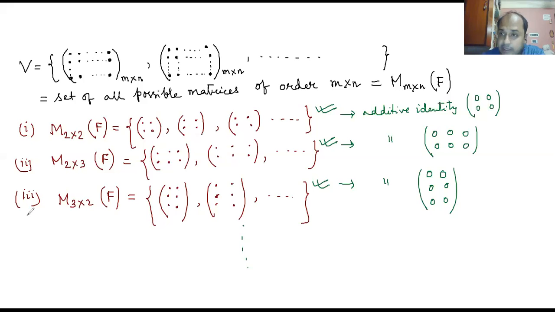Individually these are vector spaces, so we consider this general case. If you can show that this particular set of matrices is a vector space, then each of its siblings are also vector spaces. So for this general set the additive identity becomes of this form.